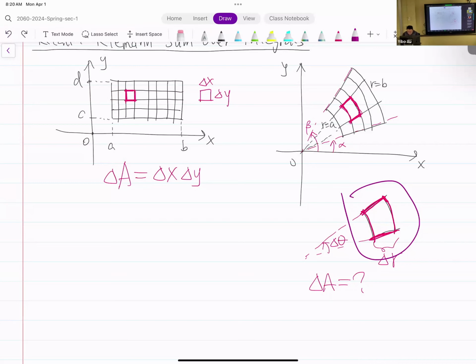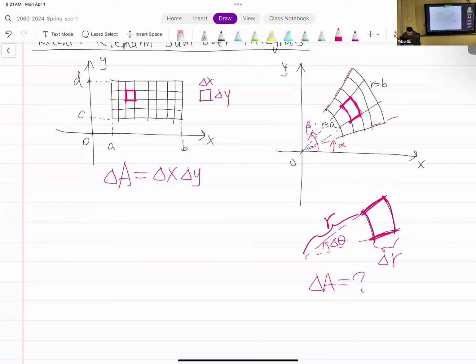But as long as we can estimate the length of this arc, we can use it as the length of the rectangle, multiplied by the width of the rectangle. That's an estimation. And how do we calculate the inner arc length? It relates to the inner radius of the circular curve.